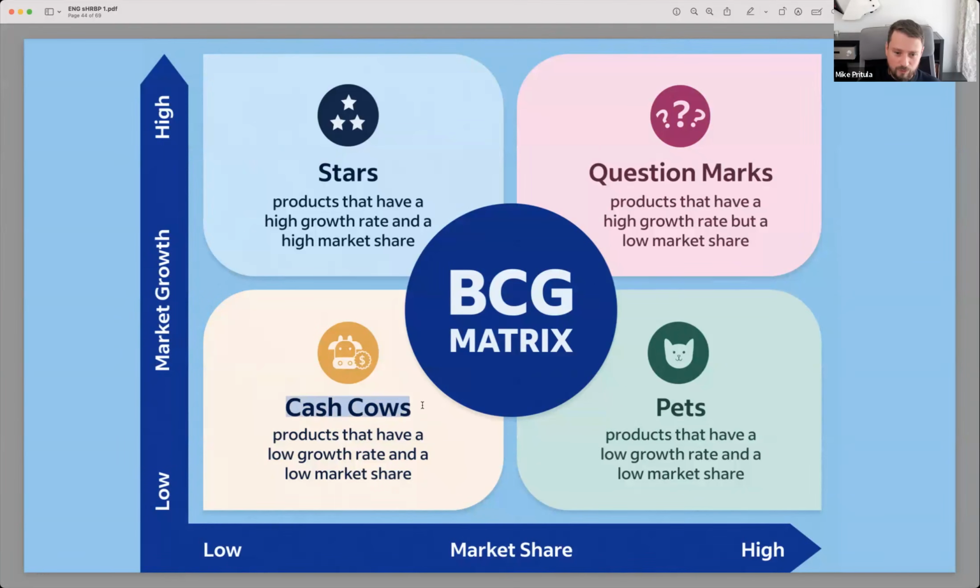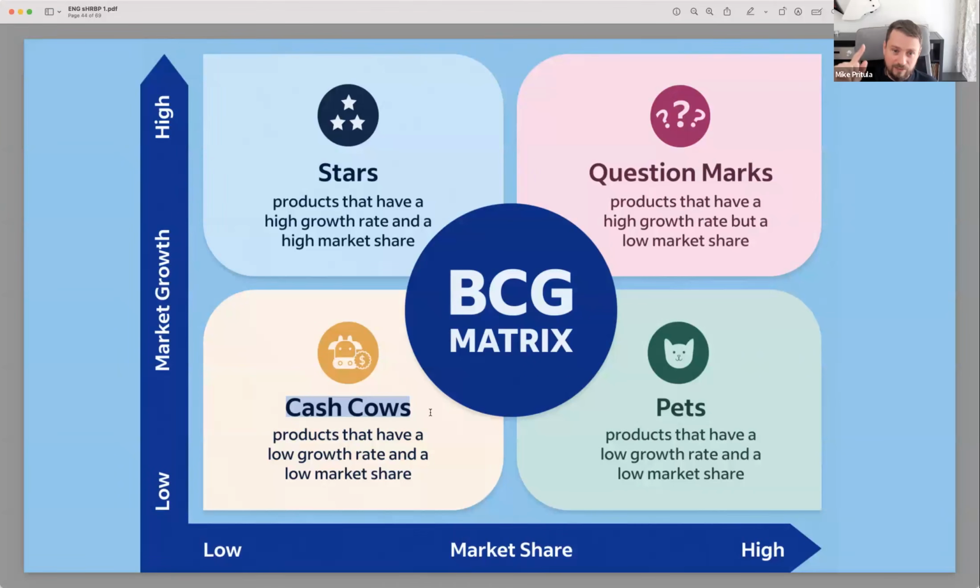Cash cow, we call the product that has very big market share but low market growth. So a cash cow generates a lot of money but has almost zero growth. This is an established product that is very profitable and the company pays a lot of attention to that.